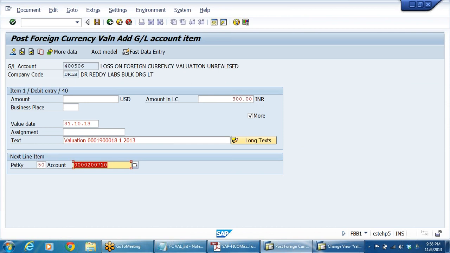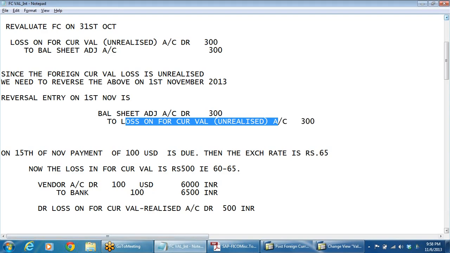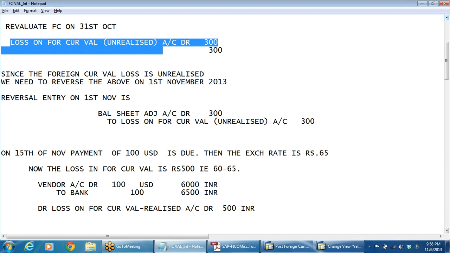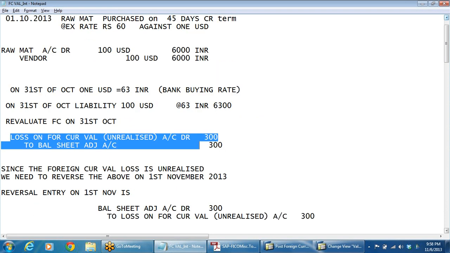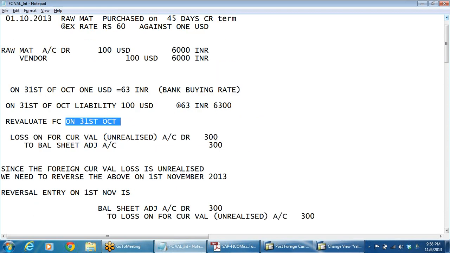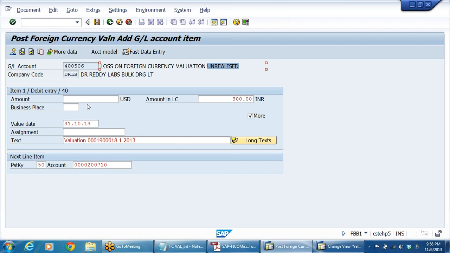Loss on foreign currency valuation unrealized. See, the system has picked up Loss on foreign currency valuation unrealized on 31st of October. So this is my requirement. The system is also giving me the same.